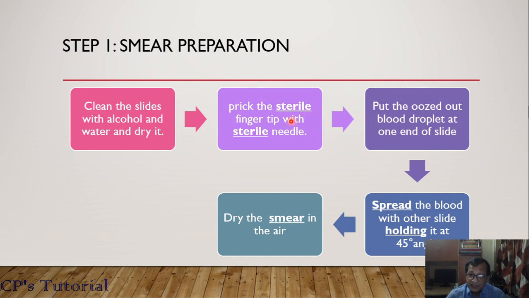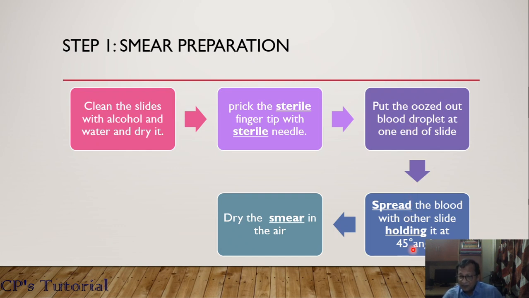The fingertip will be sterilized by a cotton swab with absolute alcohol, and the needle will be sterilized by burning the tip over the blue flame of the burner. Now, after the pricking, blood has oozed out. The blood will be collected at one end of the slide, right?